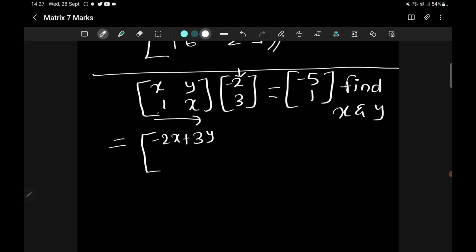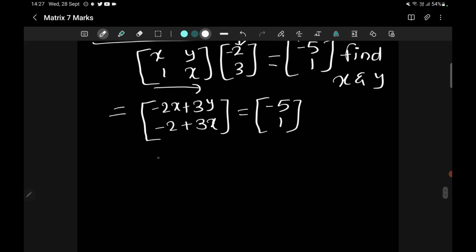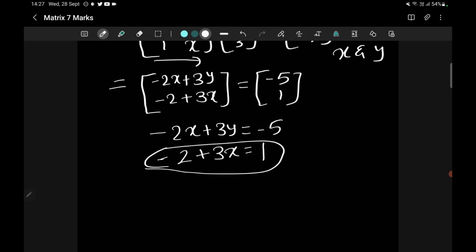Now we have to multiply this row with column. -2 into 1 is -2 plus 3x is equal to -5 and 1. So here we got two equations: -2x plus 3y is equal to -5, and -2 plus 3x is equal to 1. We can solve these equations.